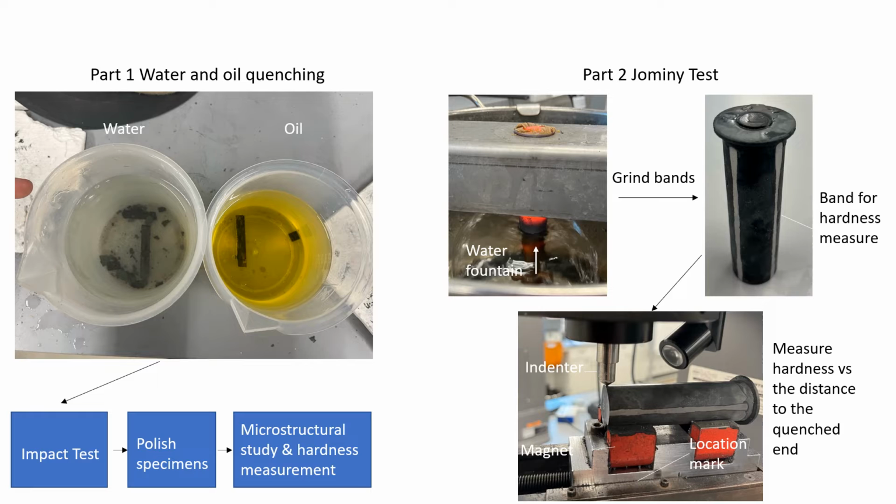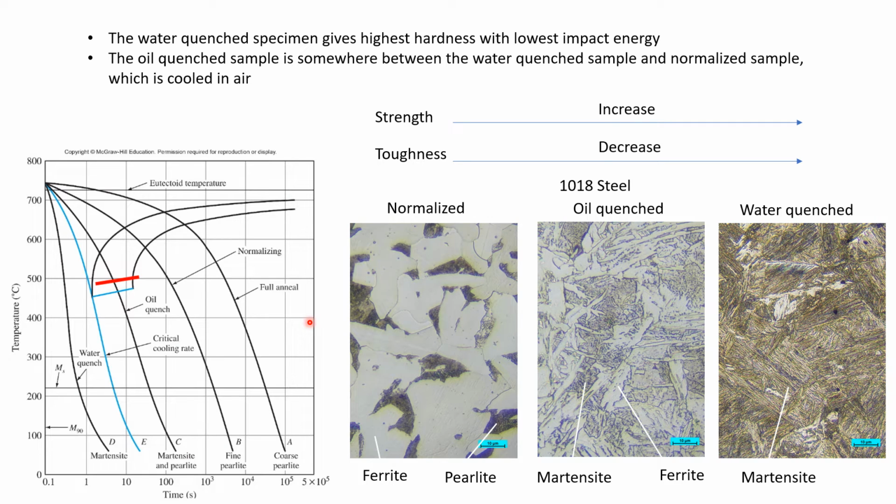Okay, so let's talk about what kind of results you would expect from this experiment. From the quenching of the Charpy samples, we are comparing different quenching methods, and each quenching method is associated with a cooling curve on this diagram. For example, the normalized sample corresponds to this cooling curve of normalization.